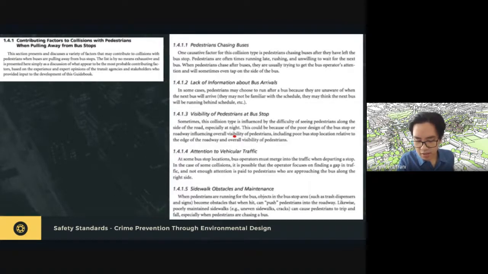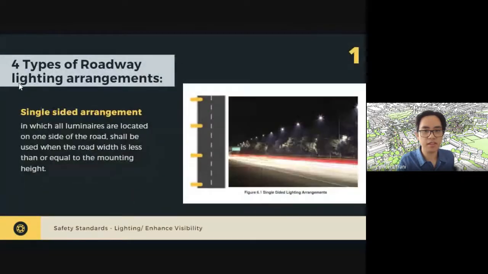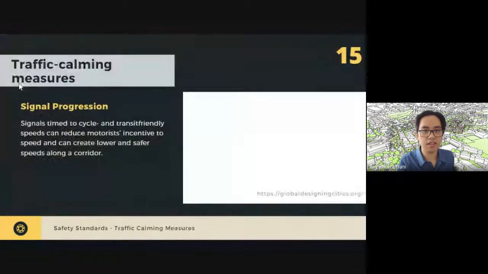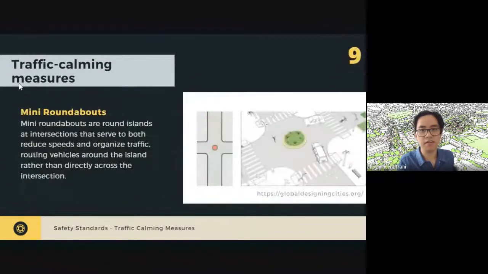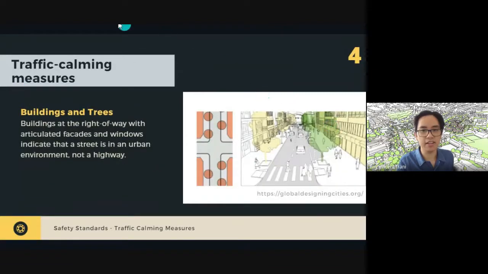And then the traffic calming measures about the trees. Could you go to that slide? It's a bit further back. Okay.